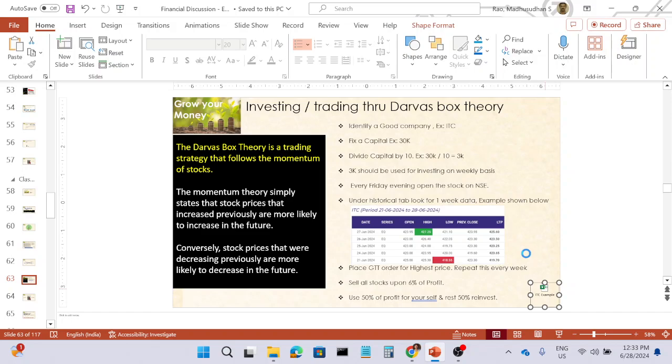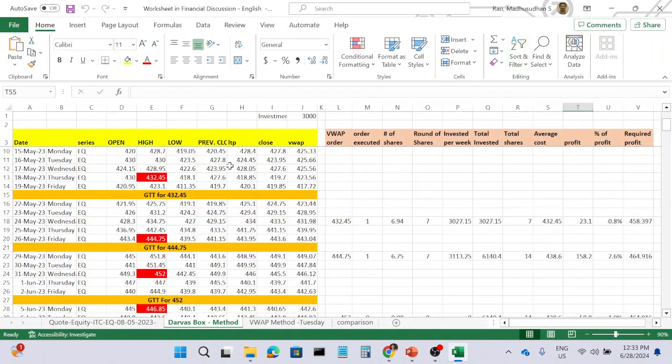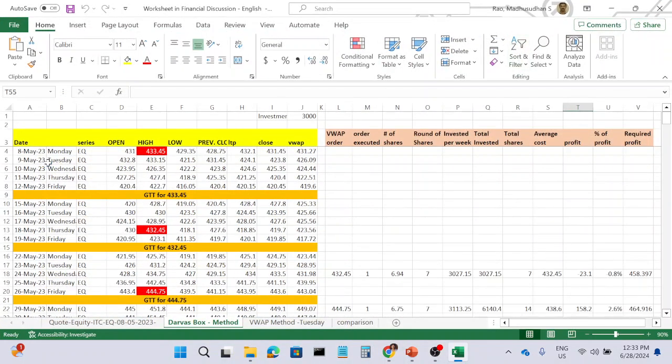It's taking a bit of time to open. Let's see. Okay, so here I have taken data from May 23. What we will identify every week is the high price. For this week, 433 was the high price, so we have ordered GTT for 433.